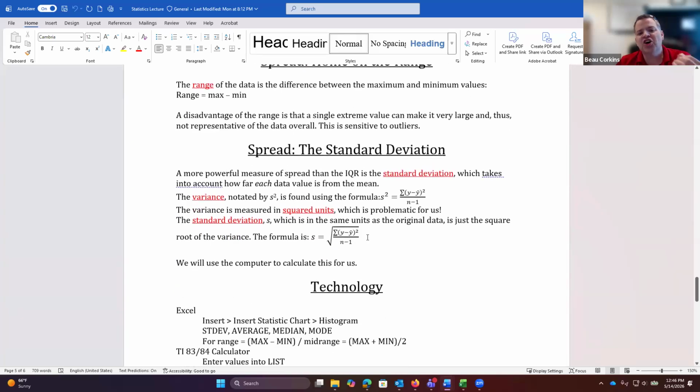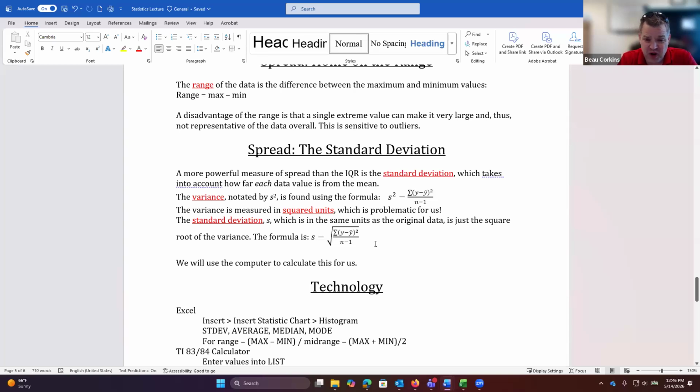Standard deviation, though, is actually one of the best measures of spread. Be aware the calculation is very complicated and requires a lot: the sum of the squared deviations from the mean, all divided by n minus 1, then square root that whole thing to get the standard deviation.